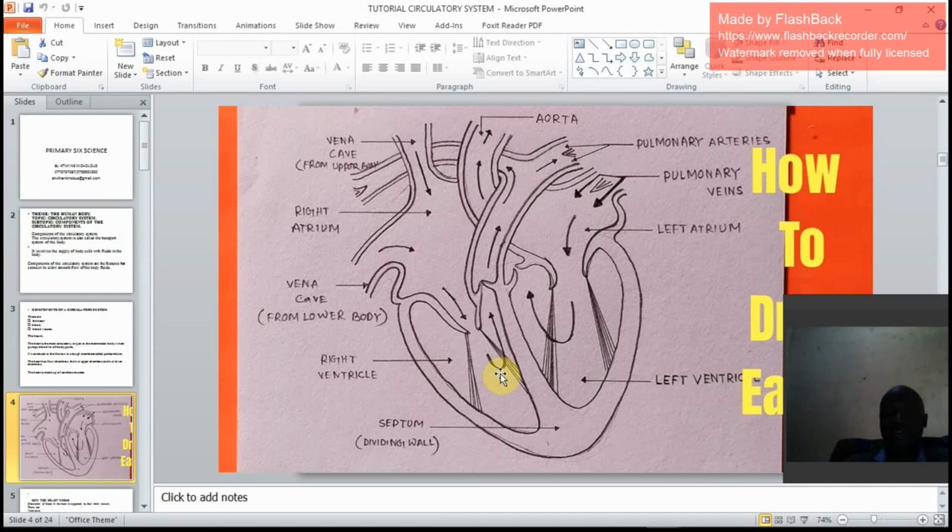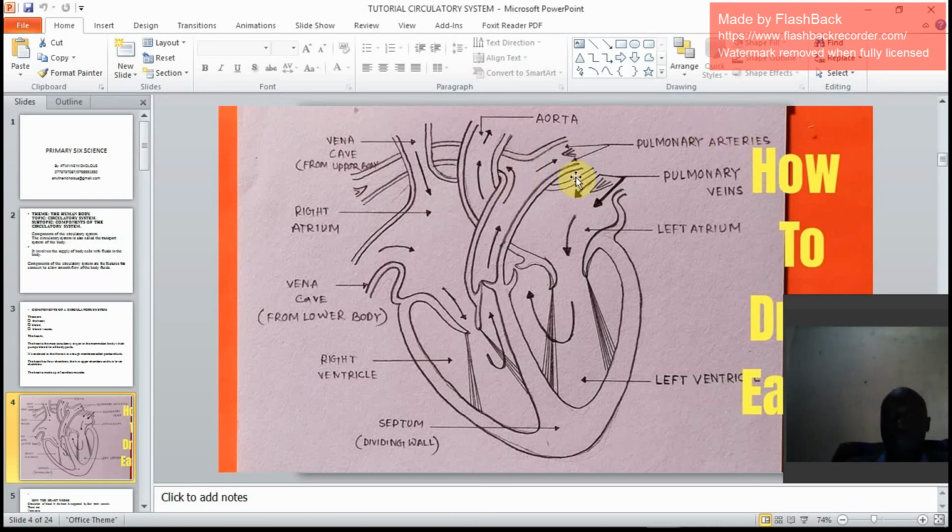It will have only one way out, which is this. Now blood will take this direction. These valves will open, and it goes through the pulmonary arteries.